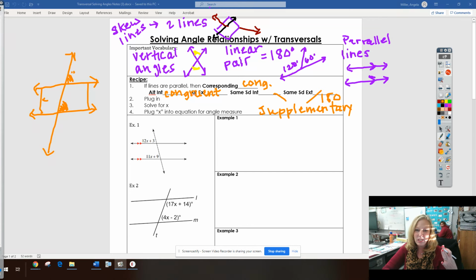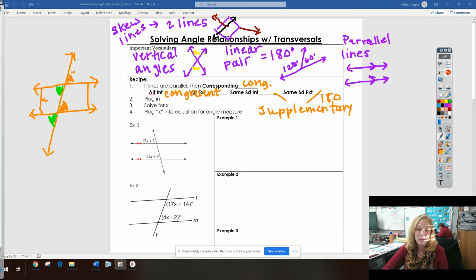So really, they don't fit any of the rules of same side angles. They're not both interior, they're not both exterior. So anytime you have one inside the house, one outside the house, those are corresponding. Like if I had these down here below the line, this one is inside and this one is outside. So that's how we know that those are corresponding.